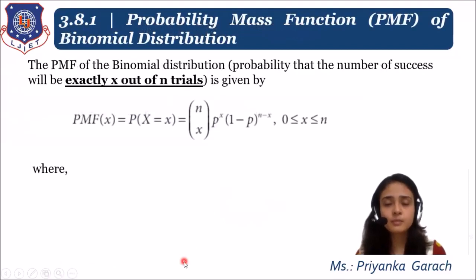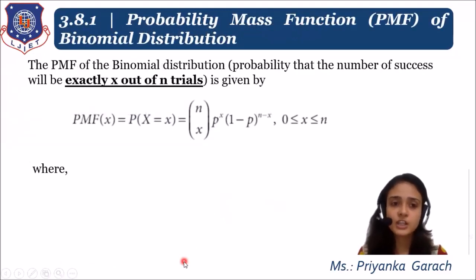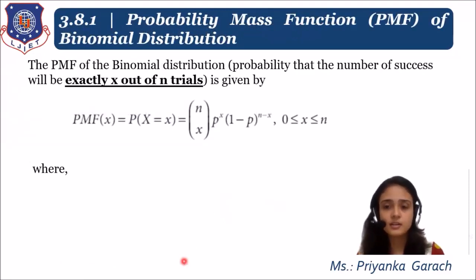So the probability mass function, PMF, of the binomial distribution, that is, the probability that the number of successes will be exactly x out of the n trials, is given like this.